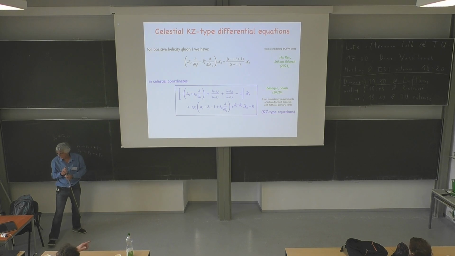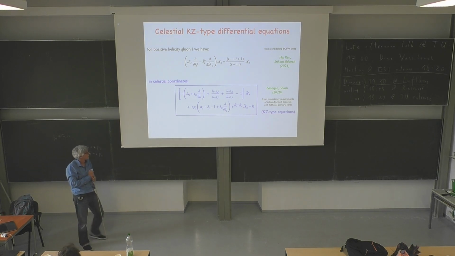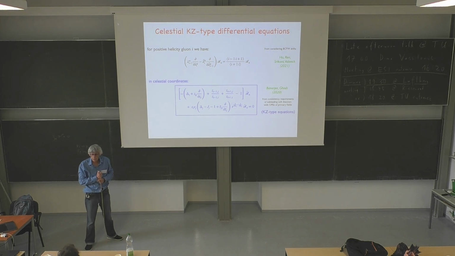Do you know the loop correction? No, I don't know the loop. But when you do BCFW in loop integrals, it's unitarity cuts, and then you essentially cut it and construct it from three-point amplitudes.